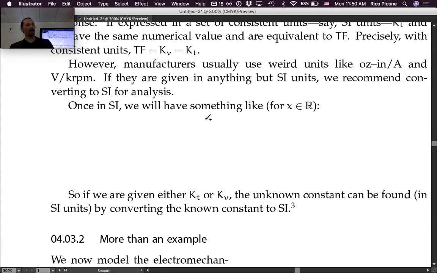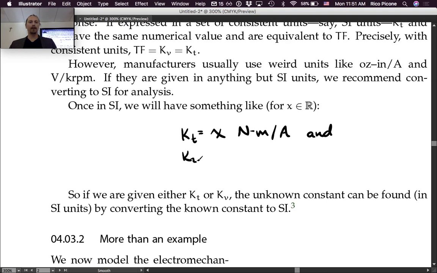If you have it in SI, your KT will be equal to some numerical value X in Newton meters per amp, and KV will be equal to the same numerical value in volts per radians per second.